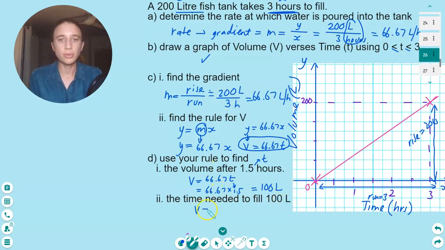And now it says, find the time needed to fill the tank to 100 liters. Okay, so I've got my rule. And this time we are finding time. So time is unknown and we're given the volume. Sometimes it helps to draw a little data table. So I'll say, okay, 100, substituting in volume.